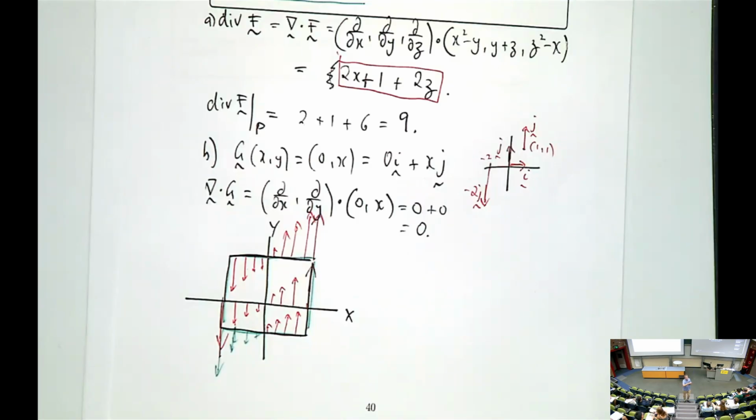And then the question is, well, what happens if your answer is positive? Like you compute the divergence and you get a positive answer. Can anybody hypothesize? You compute this del thing, you get positive 2. Can anyone hypothesize what it might mean?